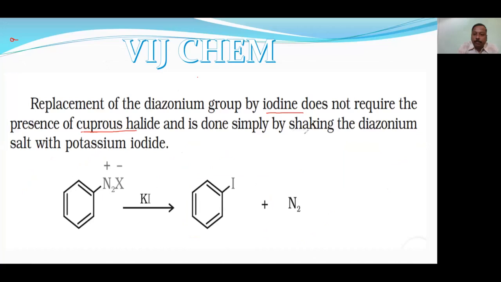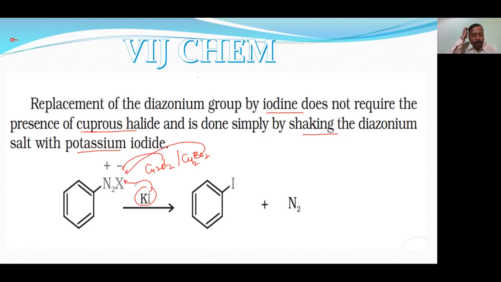It is done simply by shaking the diazonium salt with potassium iodide. If I use Cu2Cl2, then chlorine will be replaced. If I use Cu2Br2, then bromine will be replaced. But for iodine, we have to use KI.